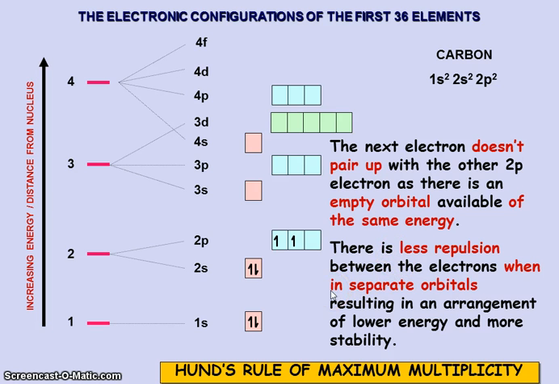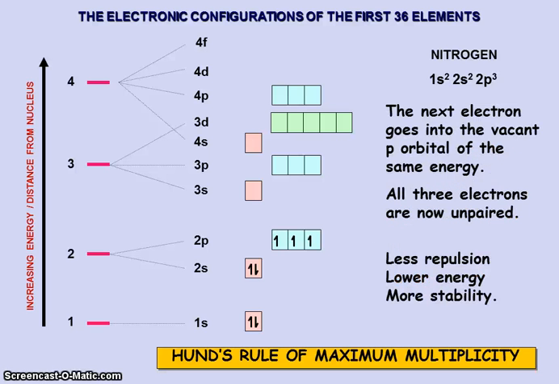Imagine you get on a bus and you see that the seats are singularly occupied or empty. You go and sit on an empty seat. You don't go and sit next to a stranger. Then we follow this through for the next element, nitrogen, and we put its electron in the third p orbital. Again, we're minimising any repulsion, making it lower in energy and therefore more stable.